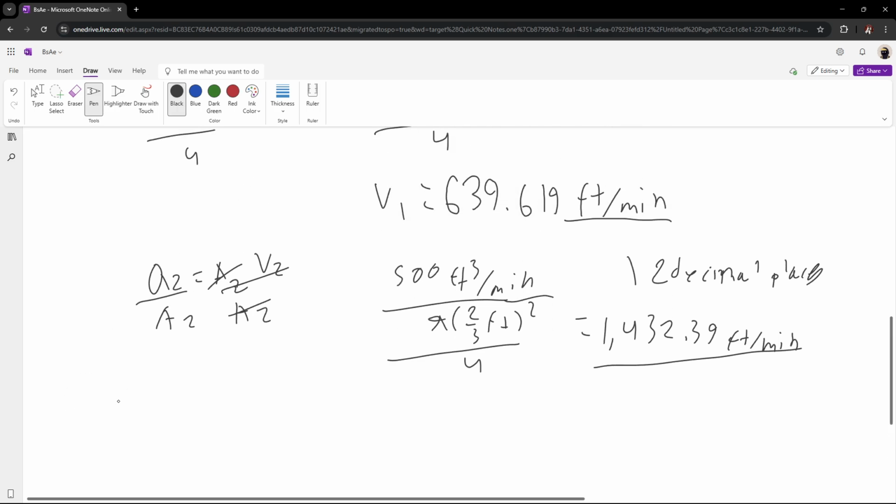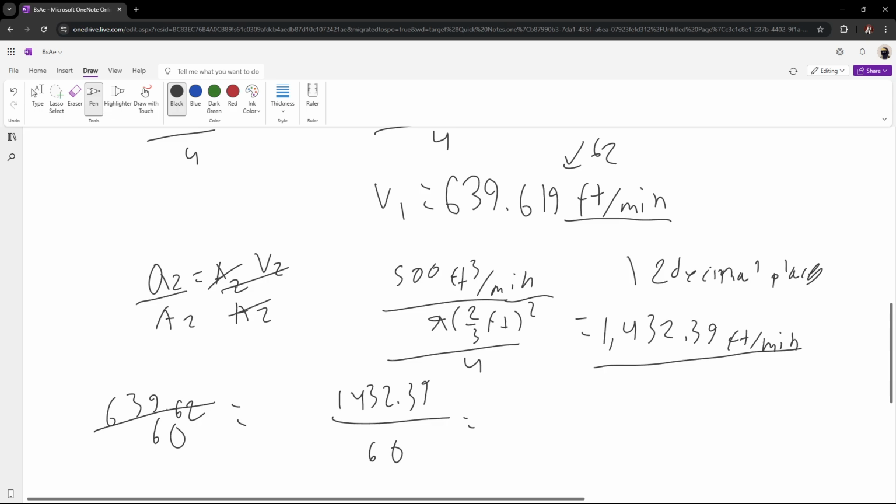Now we need to convert to feet per second, so 639.62 divided by 60, we get 10.66 foot per second.